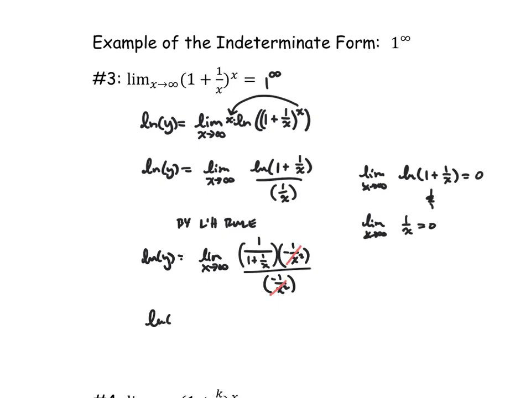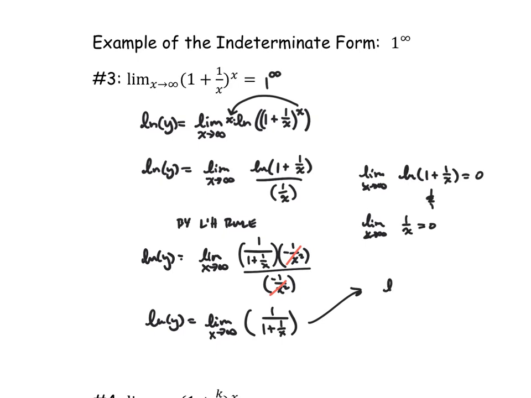So the ln of y is going to be the limit as x approaches infinity of 1 over 1 plus 1 over x. Well, if we dissect this, if I plug in infinity, this will go to 0. So I'll get 1 over 1 plus 0, which is 1.